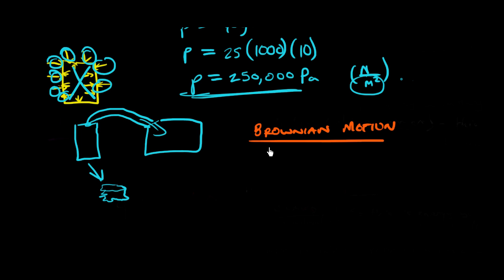What happens is that if you look at tiny particles of matter, like smoke particles, under a microscope, you can see them jiggling around all over the place, and we say that it's random.